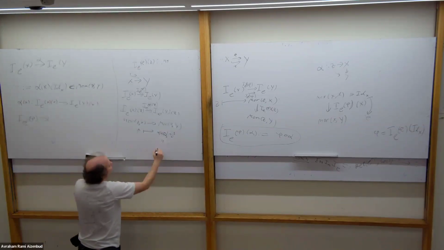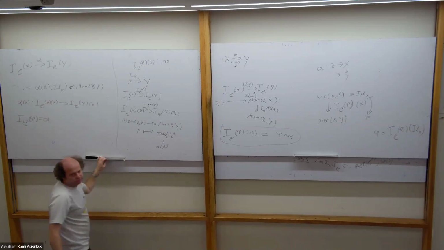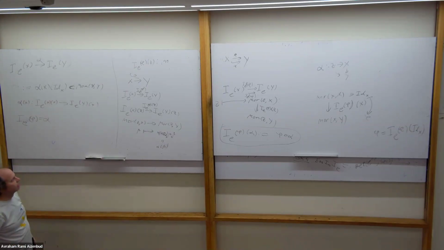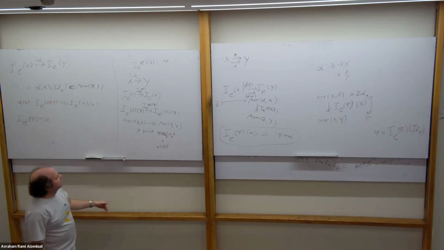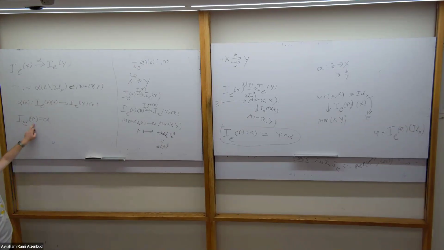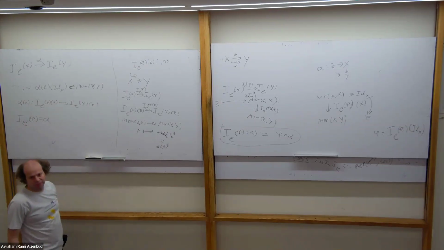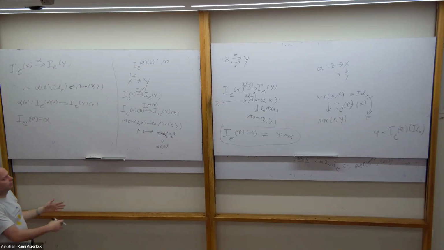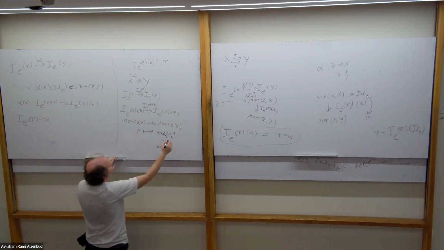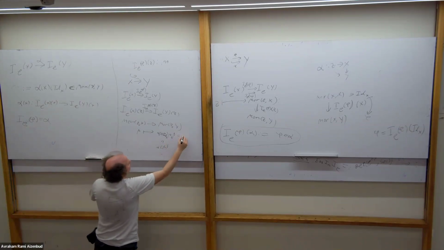This is equal to alpha of beta, which is exactly what we wanted: that IC of phi is equal to alpha. IC of phi of beta is equal to alpha.